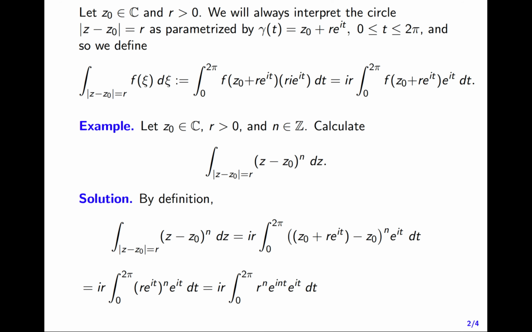That's ir times the integral from 0 to 2 pi of r to the n times e to the int times e to the it. Remember that when we're dealing with complex exponentials and integer powers, we can move the powers into the exponent just as we can with real variable stuff. And this simplifies to i times r to the n plus 1 times the integral from 0 to 2 pi of e to the i(n+1)t.